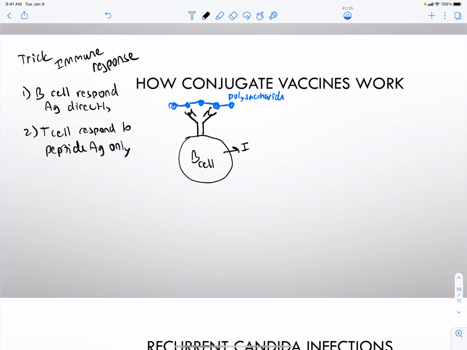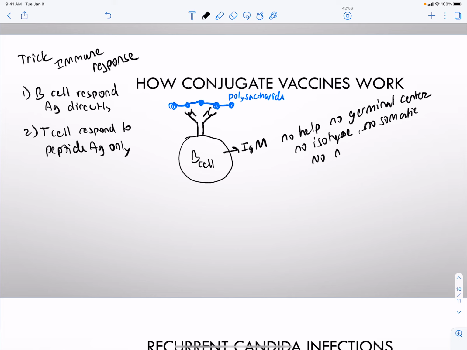Your B cell will release IgM, no help, no germinal center reaction, no isotype switching, no somatic hypermutation, and no memory. So in essence, for some bacteria, for example, you would have a primary response every single time you encounter that particular bacterium, because a B cell is only recognizing a polysaccharide and it can't get help from a T cell.